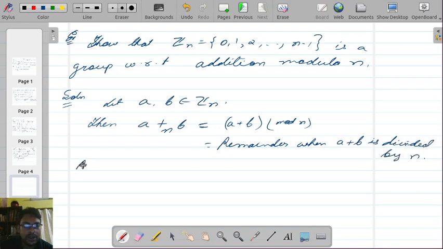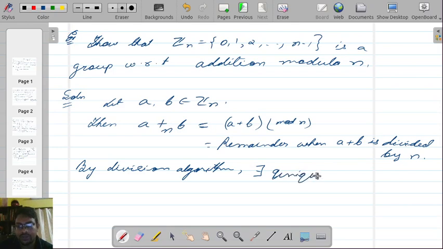So by the division algorithm, there exist unique integers.